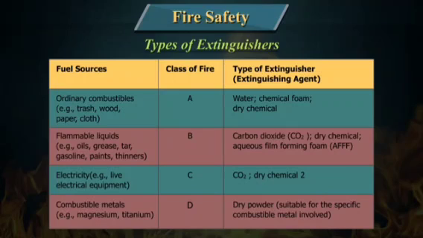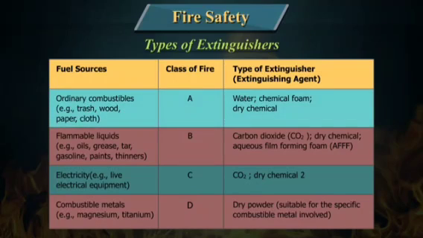Fuel sources: ordinary combustibles, for example, trash, wood, paper, cloth. The class of fire is A. Type of extinguisher, that is the extinguishing agents, are water, chemical foam, dry chemical.